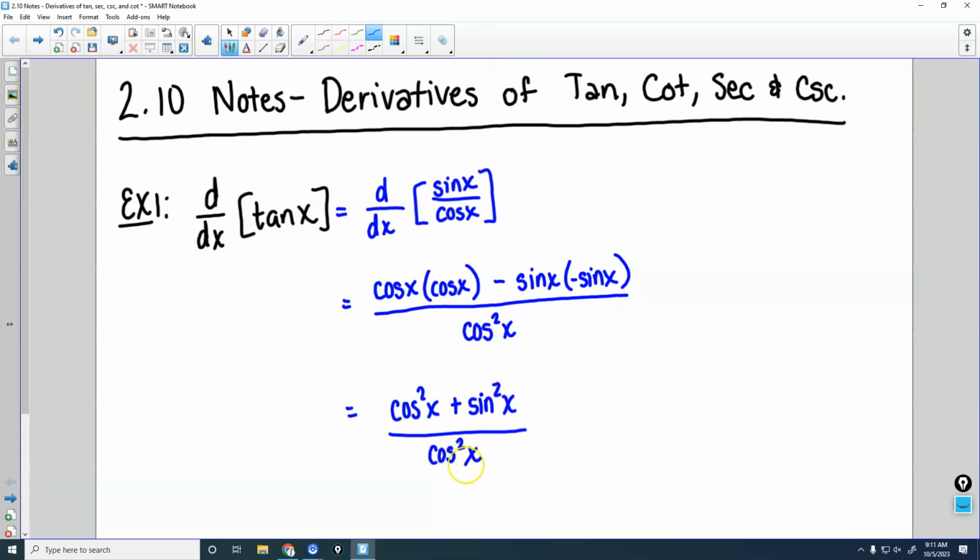Oh, because the negatives cancel. And that means 1. And 1 over cosine, what is 1 over cosine? Secant. So this can be written as secant squared x.